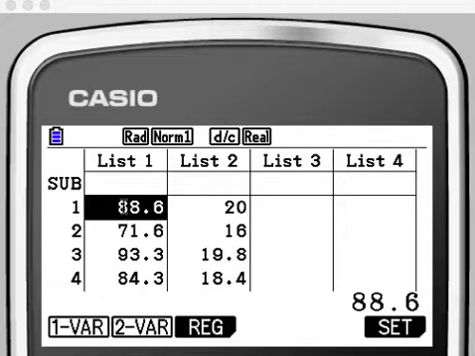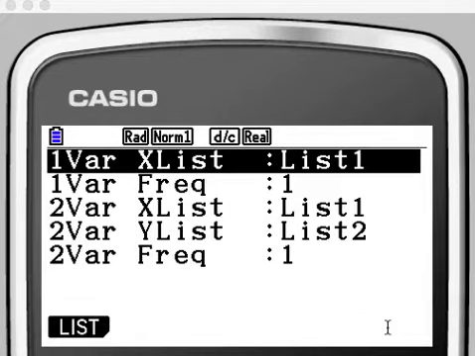We made that decision because we believe that cricket chirps are dependent on the temperature and not the other way around. So we know that we want list 1 to be our X list and list 2 to be our Y list. So we'll press the Set key and verify that those lists are correctly set in our regression calculation.